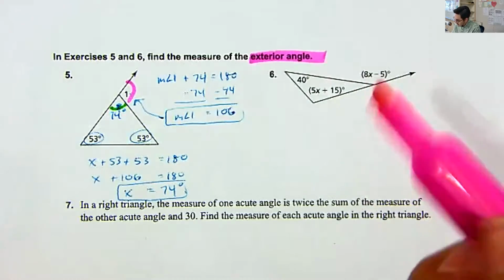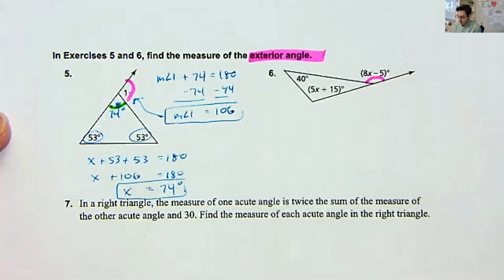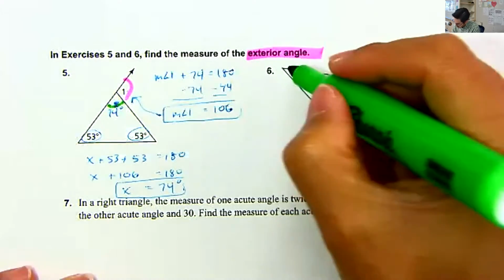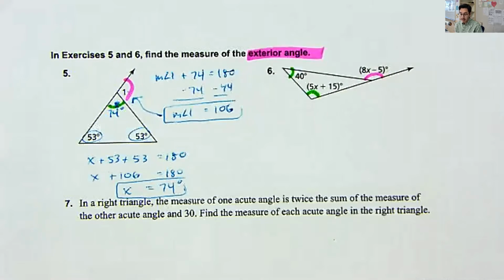So the exterior angle is this one here, and it's going to equal the sum of the two non-adjacent interior angles.